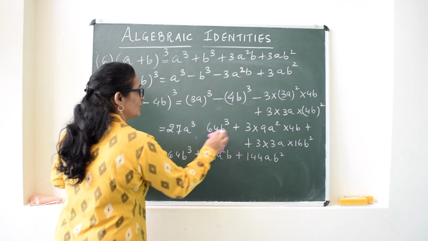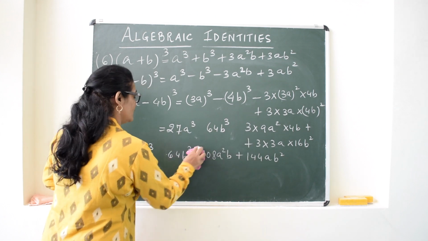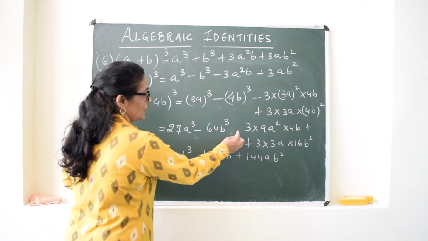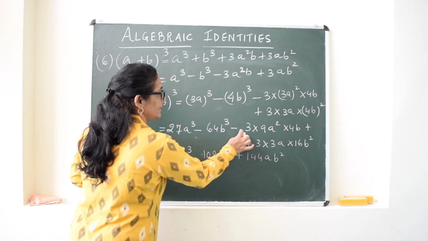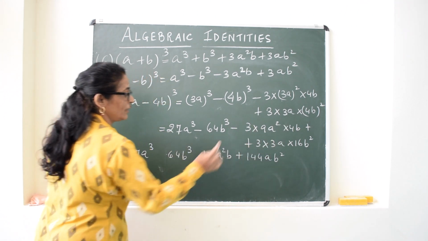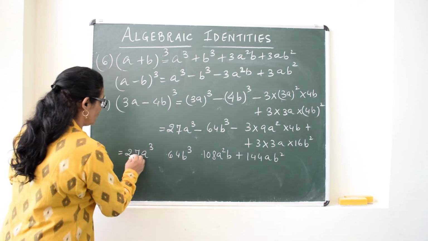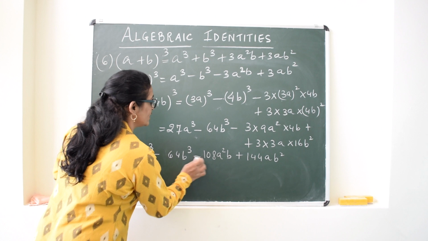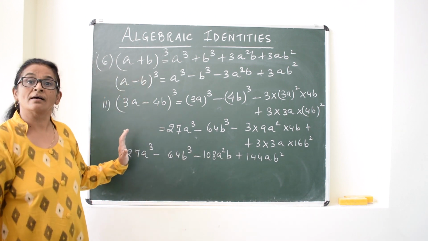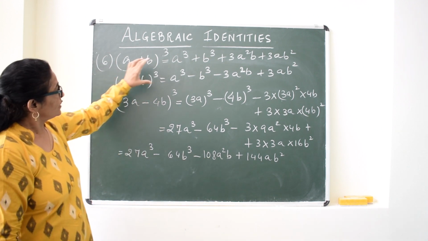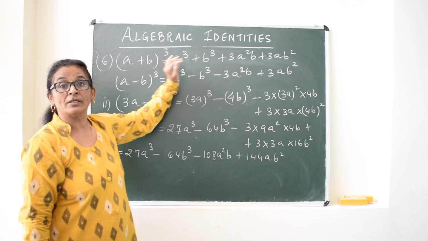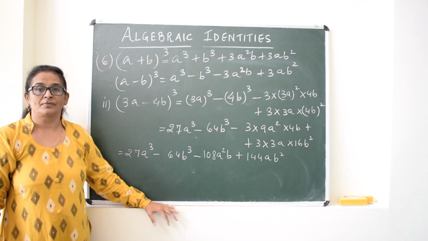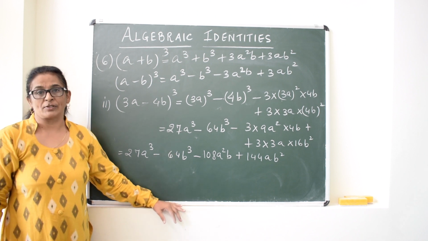So the overall expansion will be a cube minus b cube minus 3a square b plus 3ab square. So the expansion will be this 27a cube. Finally, these two signs will change, the rest of the things are the same. So you have to learn these expansions of (a plus b) the whole cube and (a minus b) the whole cube. On the basis of that, you can do the expansion.